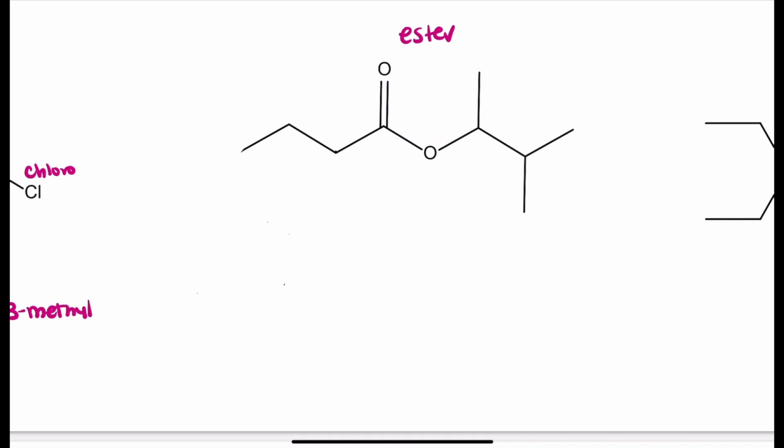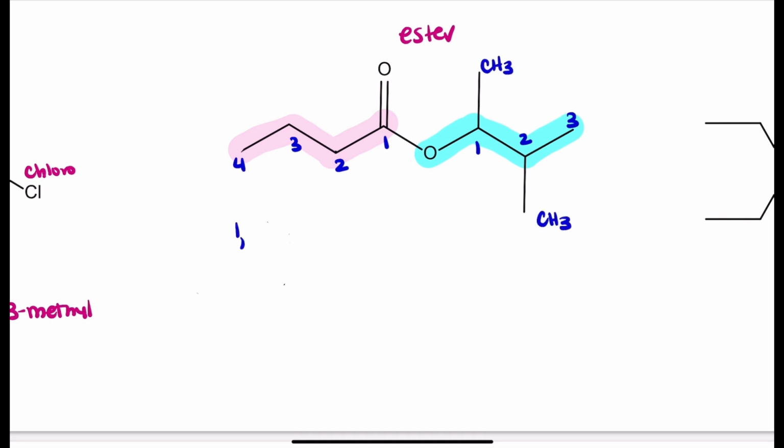Okay, so on esters, you want to name the alcohol portion first and the carboxylic acid portion second. 1, 2, 3. 1, 2, 3, 4. Notice I have a methyl group here and a methyl group here.